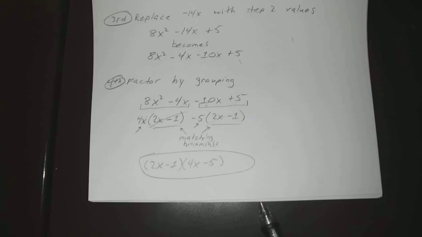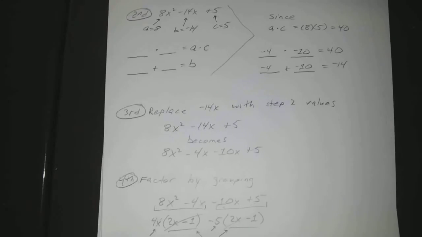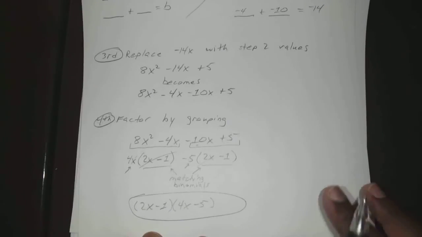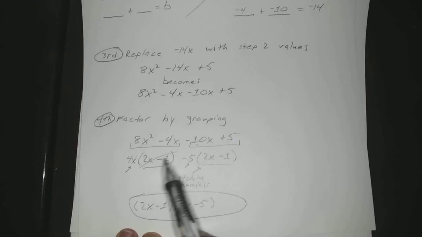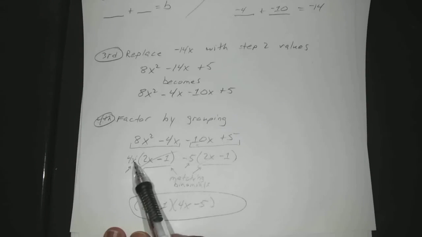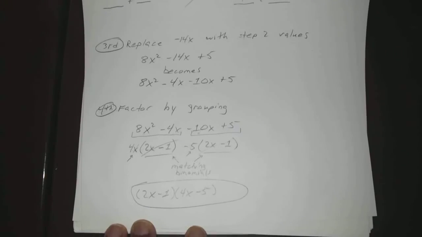I actually got a question. Sure. Okay, so after you cross the 2x out, how'd you get the 2x minus 1? I'm just trying to make sure I understand. Okay, after I cross the 2x minus 1 out? Yes. Okay. So after you factor out the 2x minus 1, whatever's left goes into the other parentheses.